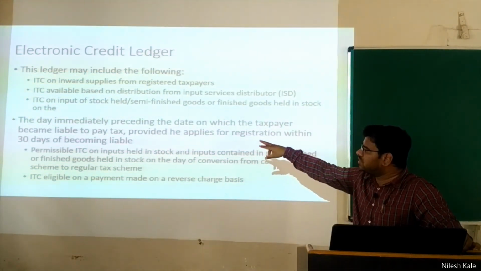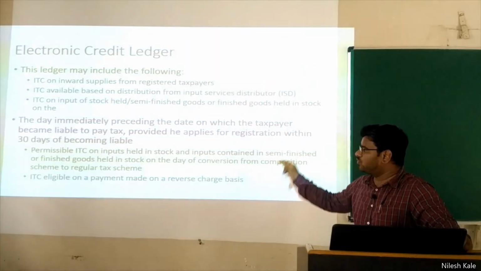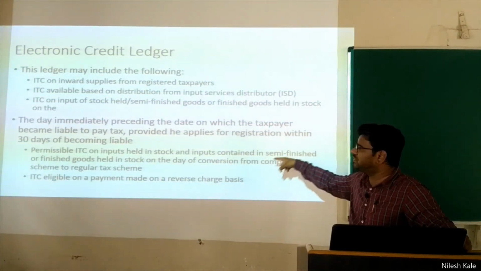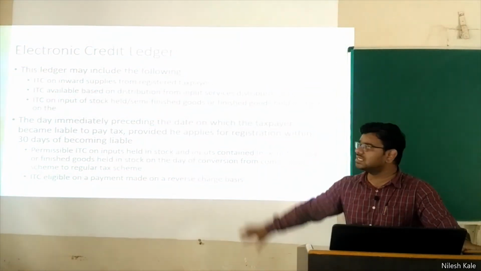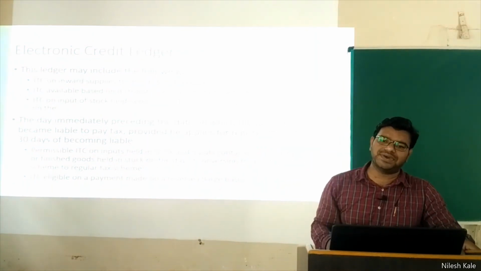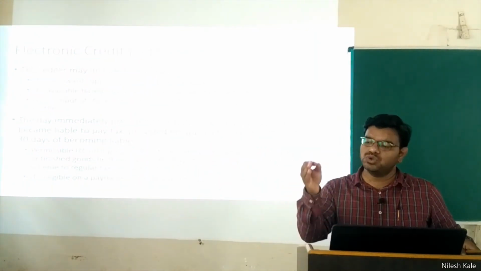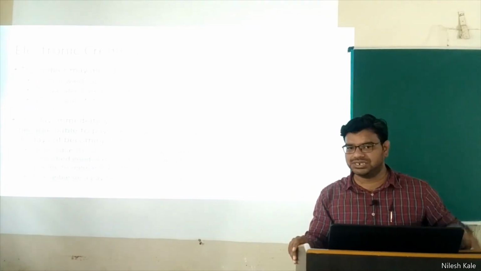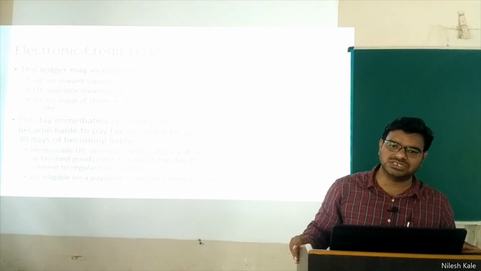The day immediately preceding the date on which the taxpayer becomes liable to pay tax, provided he applies for registration within 30 days of becoming liable. So to utilize the input tax credit, all the conditions you have to satisfy, right? You should be eligible to get the ITC under section 16. We have learned this about input tax credit under section 16, right?